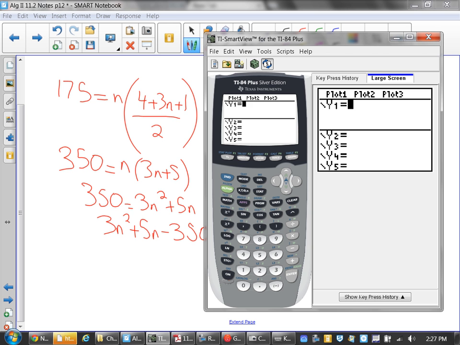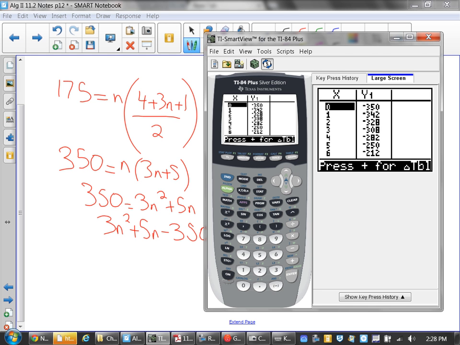Here's what we do. We type it in, 3x squared plus 5x minus 350. And I don't care what the graph looks like. I'm going to go right to my table. Second table.